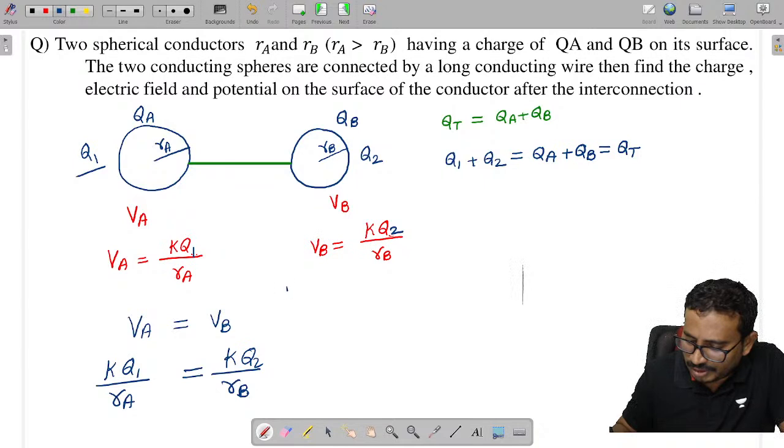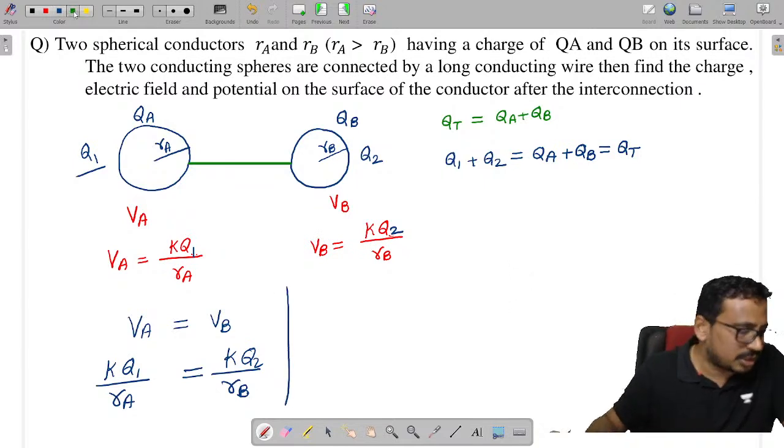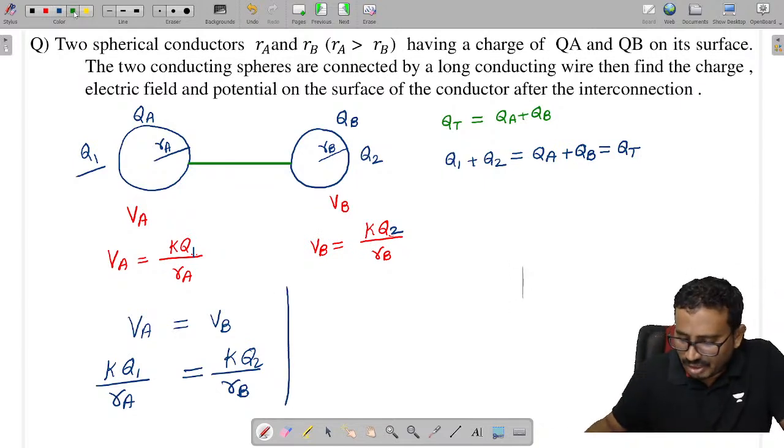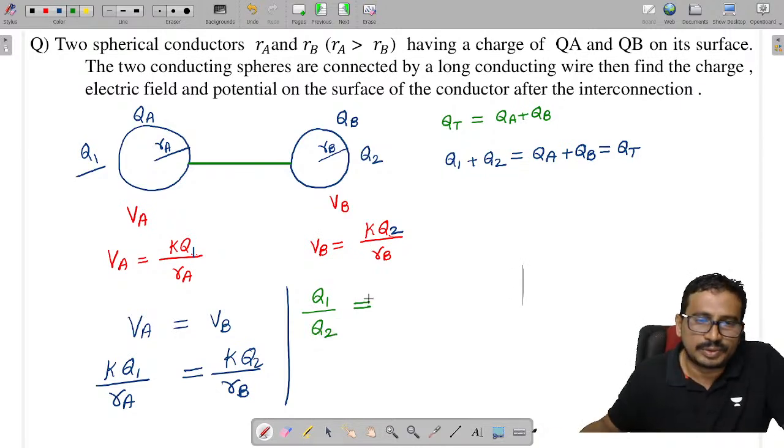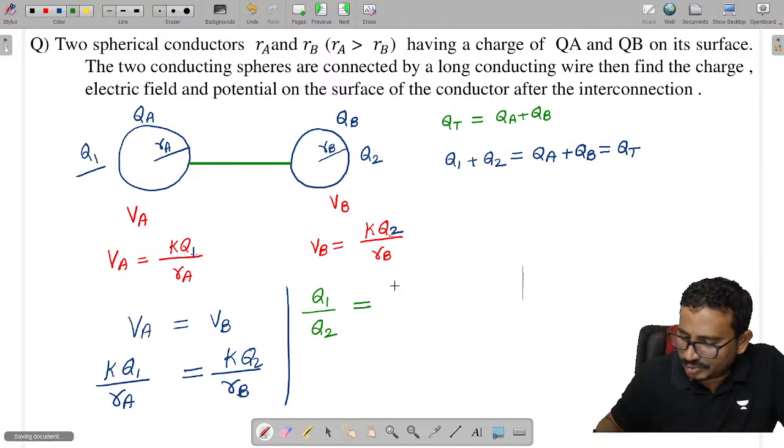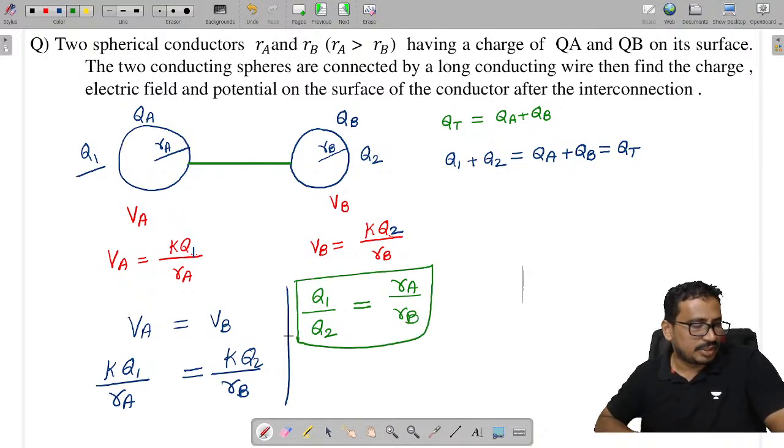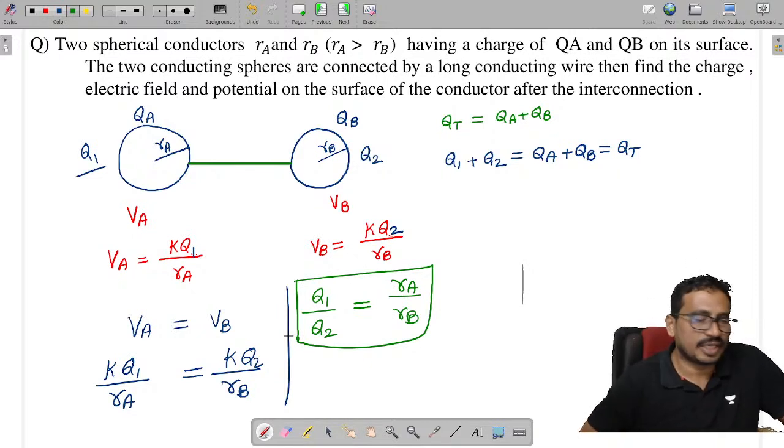Now we can write Q1 by Q2, which is given as RA by RB. That means the charges will divide in this ratio.